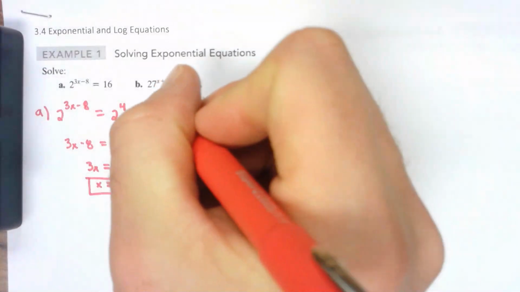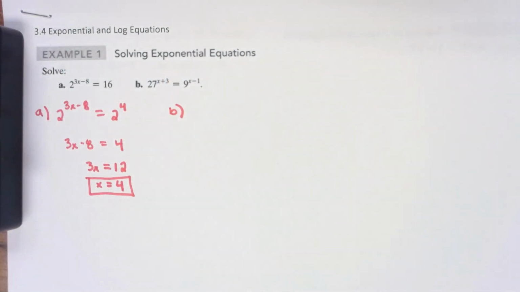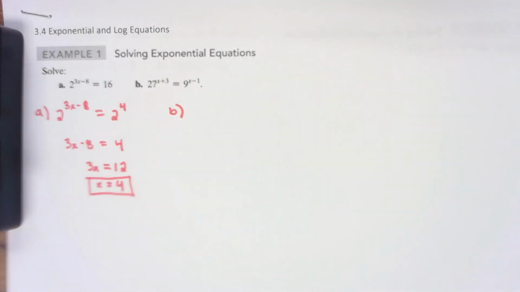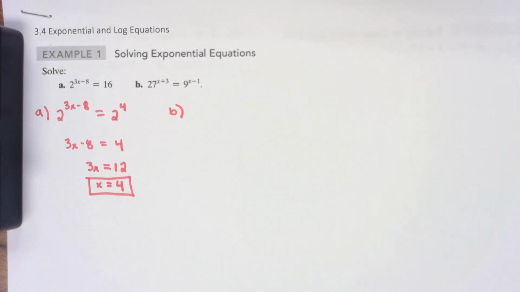Now, where this starts to get a little bit tricky is when it's not as obvious what the base can be written as. A lot of us might be like, I'm wondering if I can rewrite 27 as a base of 9. Well, we actually can't. We could write it as 9 times 3, but that doesn't really work in terms of it being an exponential. So then I'm like, could I maybe rewrite 27 and 9 as base 3?